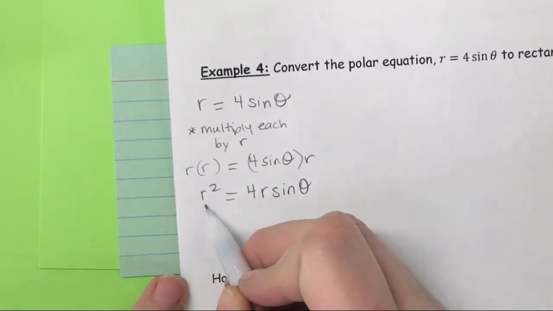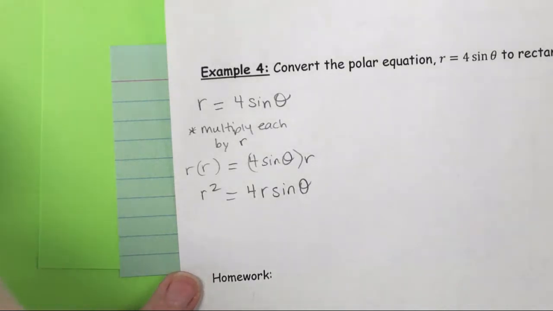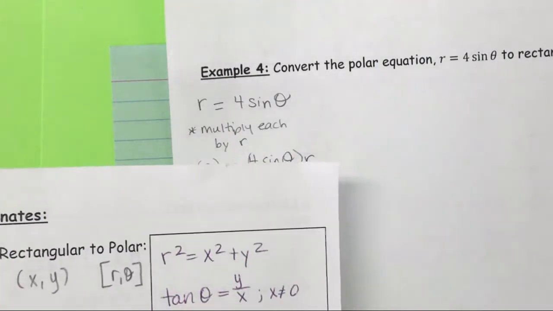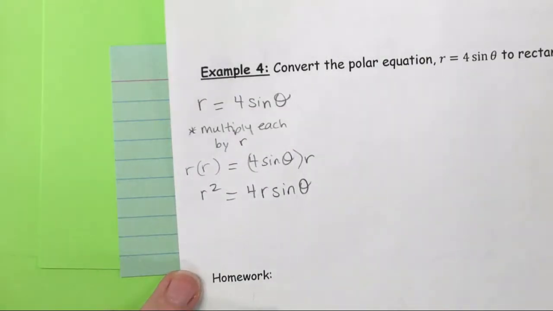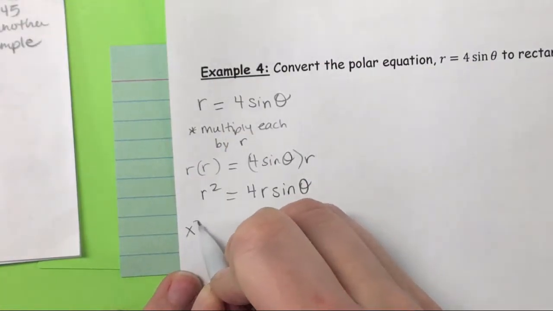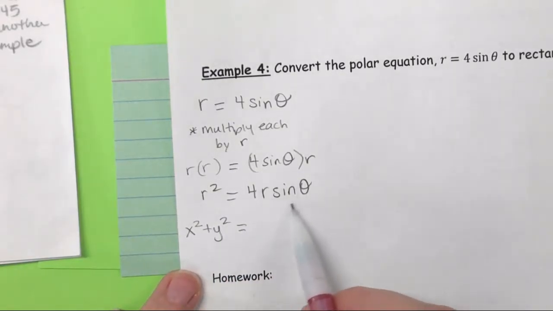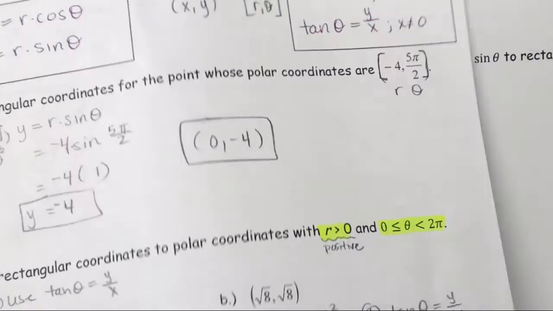Well, for r squared, we can go ahead and substitute. Like I said, we know from earlier, from rectangular to polar, that r squared equals x squared plus y squared. So let's substitute that in for r squared: x squared plus y squared. Now on this side, do we notice anything that could also be rewritten? Well, let's look at our formulas.